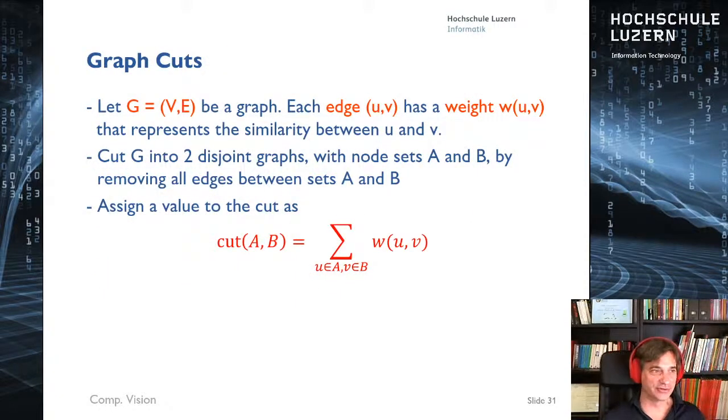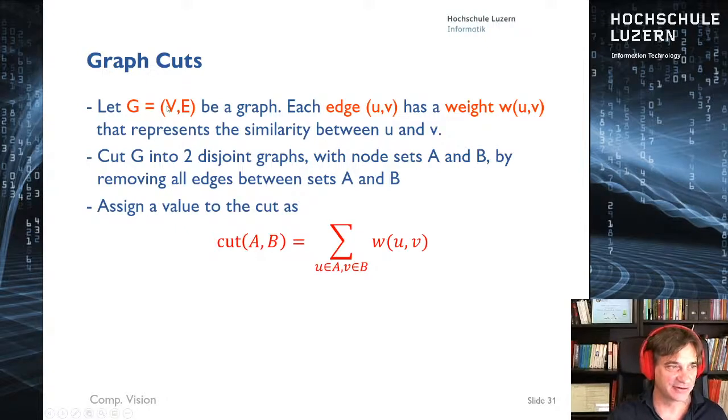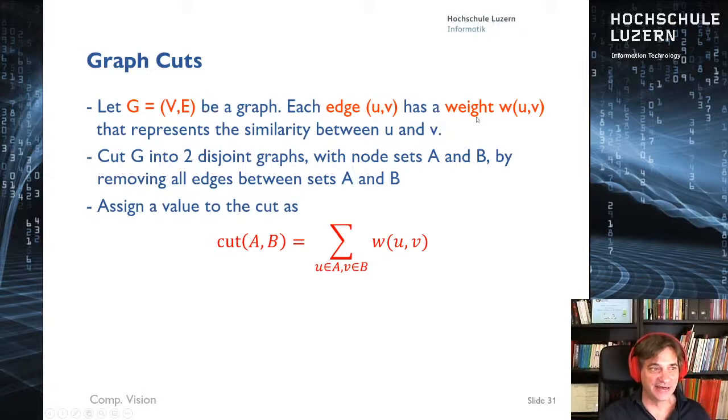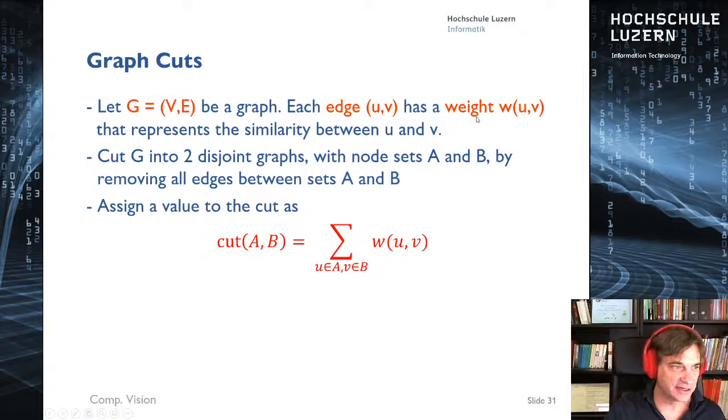Okay, so a bit more formally, we have a graph. A graph is a set of all nodes, that would be V, and all edges, that would be E here. Each edge has a weight that represents the similarity.